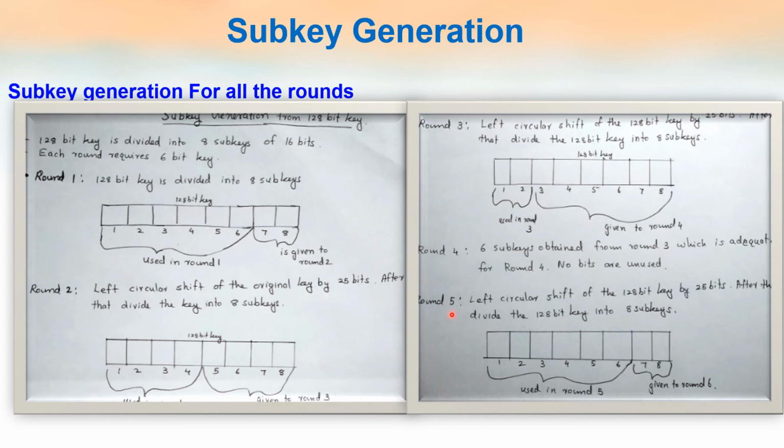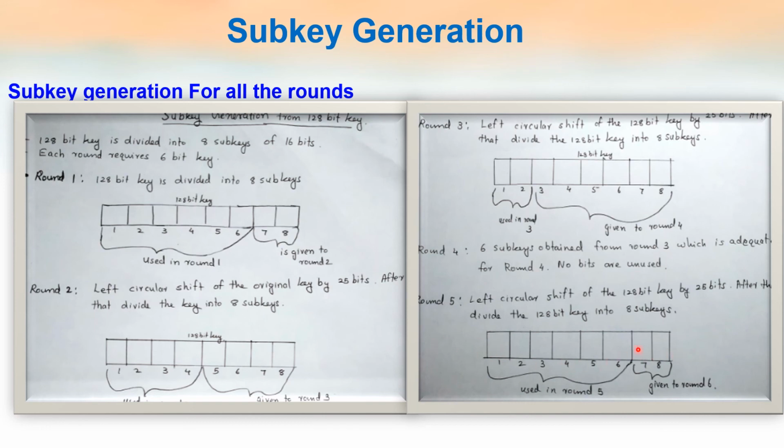Again, round 5 requires 6 subkeys, but it is not getting any pending keys from the previous rounds, so it has to generate them from the key. So again there is a left circular shift of the 128-bit key by 25 bits, and then it is divided into 8 subkeys.